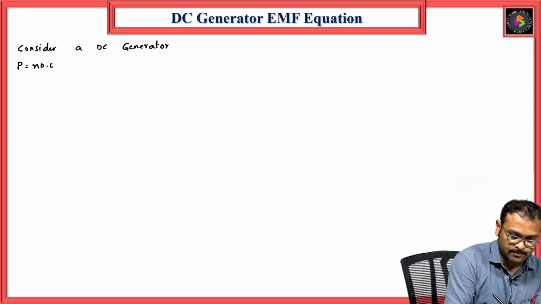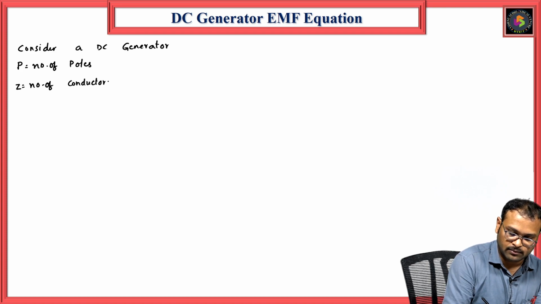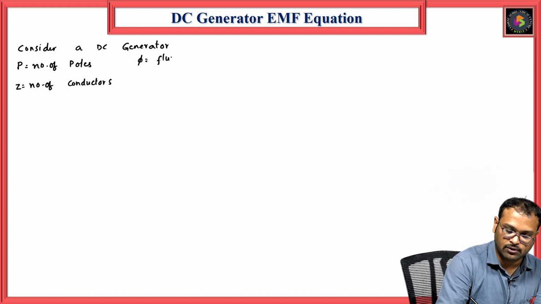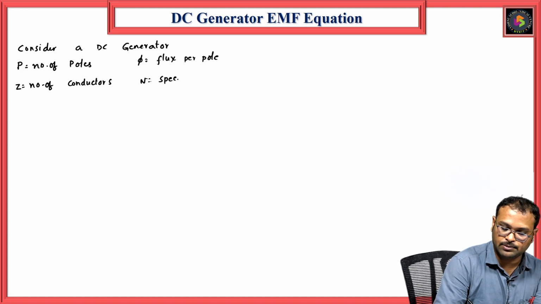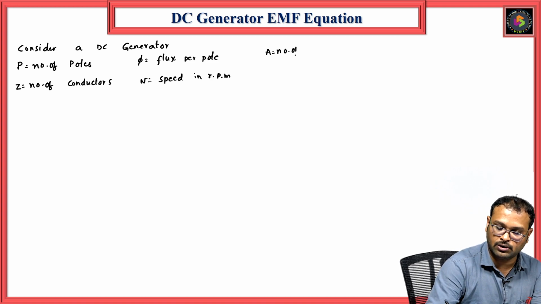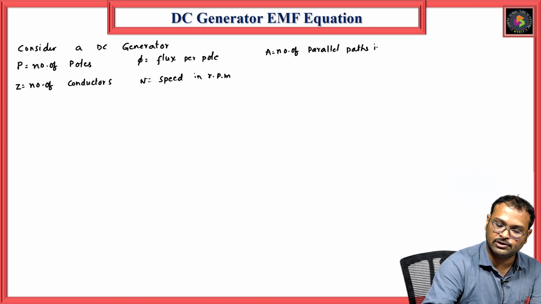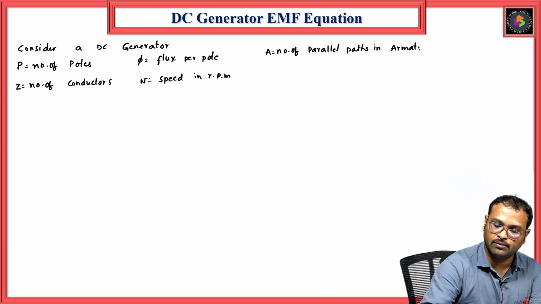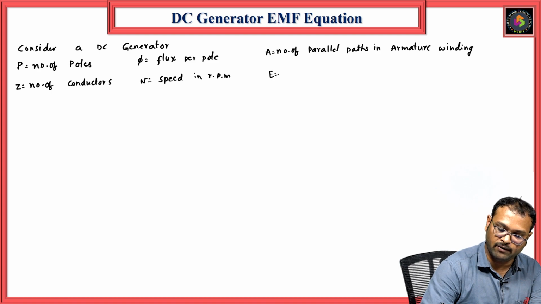P is equal to number of poles, Z is equal to number of conductors, phi is equal to flux per pole, N is equal to speed in RPM, A is equal to number of parallel paths in armature winding, and E is the EMF induced.